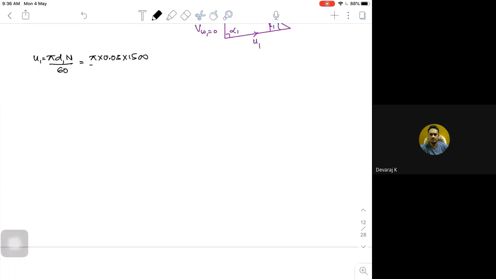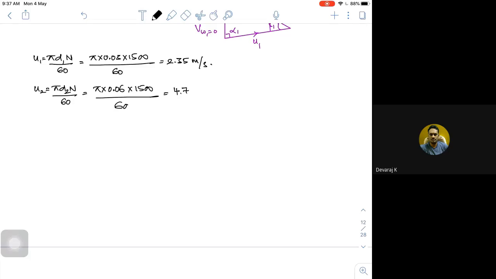If I put it into the calculator, I am getting around 2.35 meters per second. It shows that it's a very small machine. U2 is equal to pi d2 N by 60, pi into 0.06 into 1500 by 60. It is 2.35 into 2, so it should be 4.71 meters per second. Okay, I got my U1 and U2.